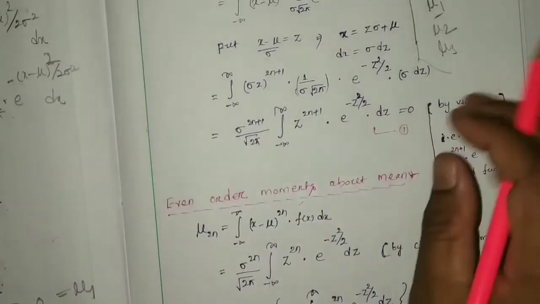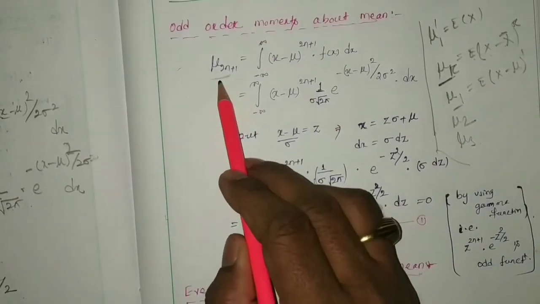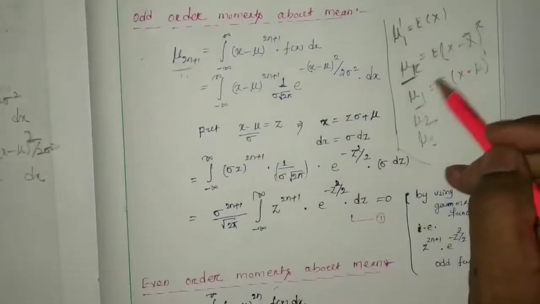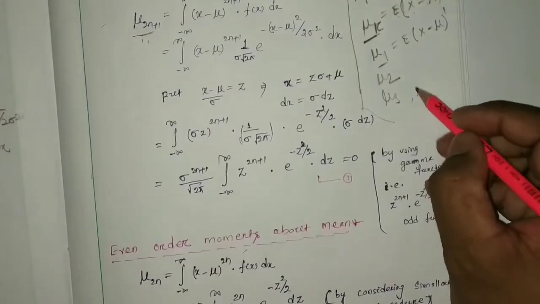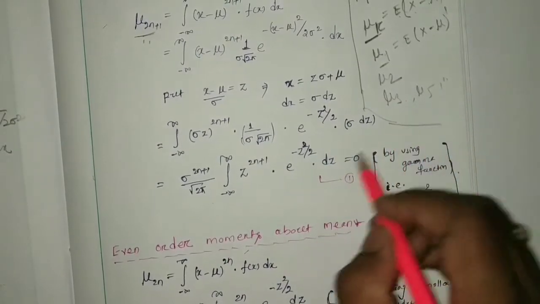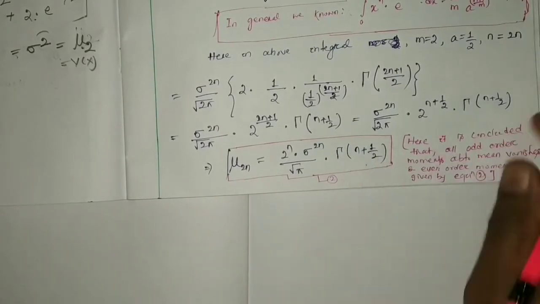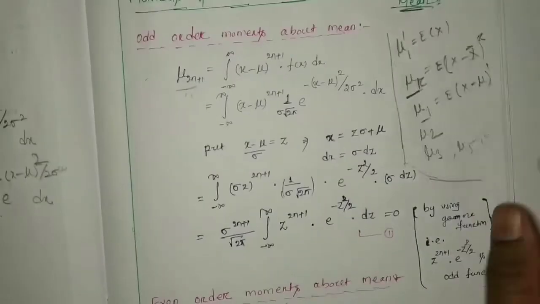Here you can see, whatever may be the order, if it is odd, that means mu1, mu3, mu5, mu7, the values will be 0, and the even order moments will be this much. We are going to find out. Okay, you just go through the derivation.